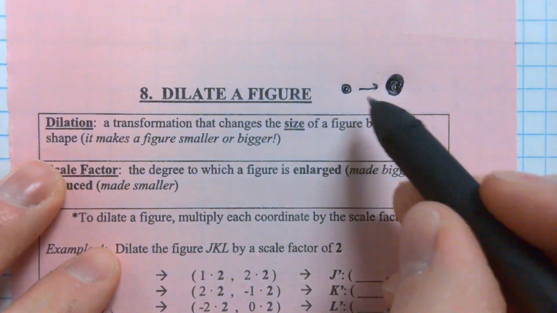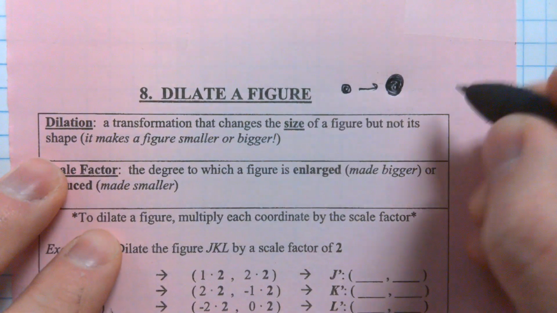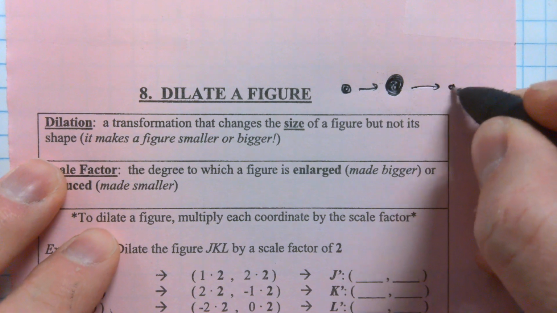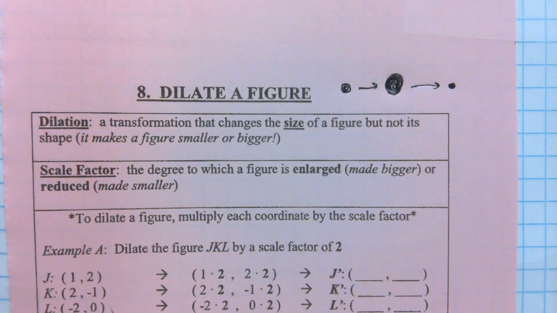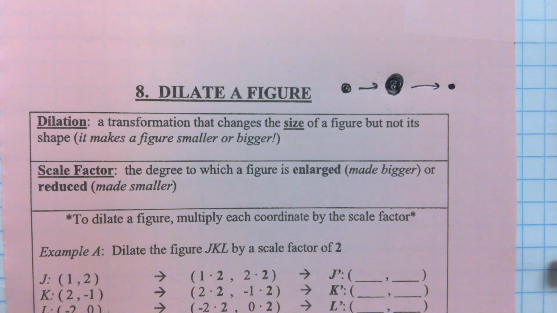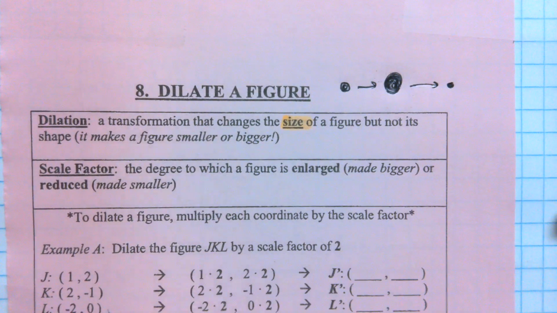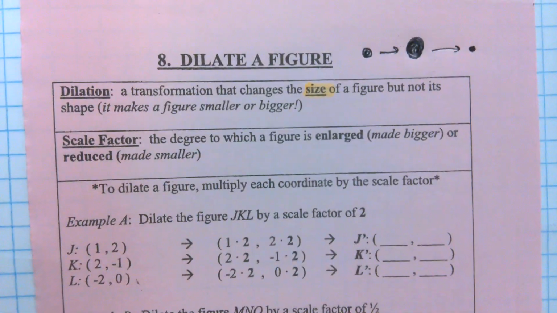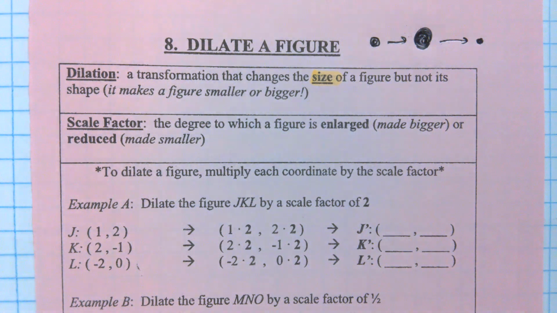So dilating is making a shape larger or making it smaller. All it's doing is changing the size. This is the first transformation we're talking about where we're actually changing the size of a figure.